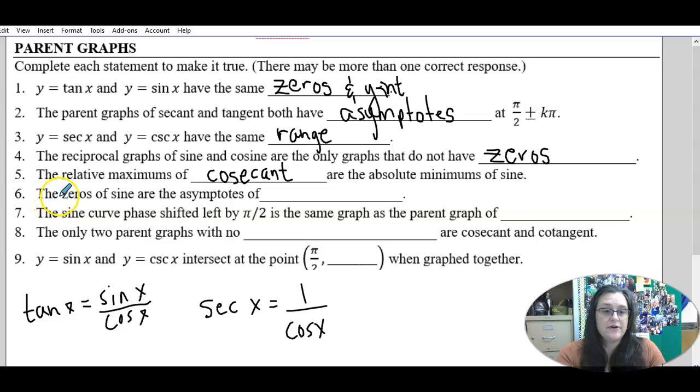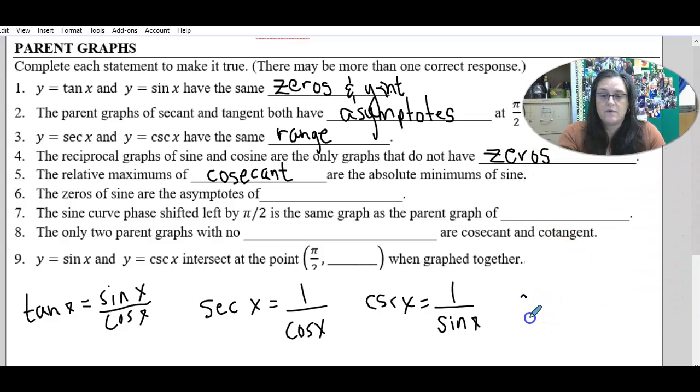Okay, number 6, the zeros of sine are the asymptotes of what function? So in order for there to be asymptotes, the sine function would need to be in the denominator, and that would be the cosecant. Right? Cosecant is 1 over the sine. So cosecant would have its asymptotes where sine has its zeros, and that would also be the case for the cotangent function, because cotangent is the cosine divided by the sine.